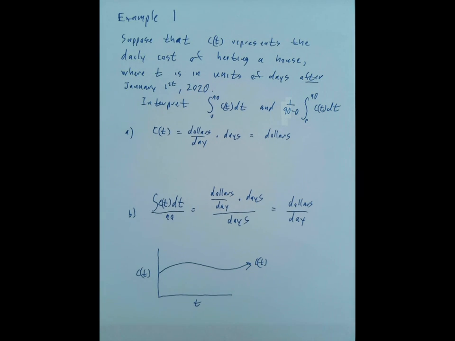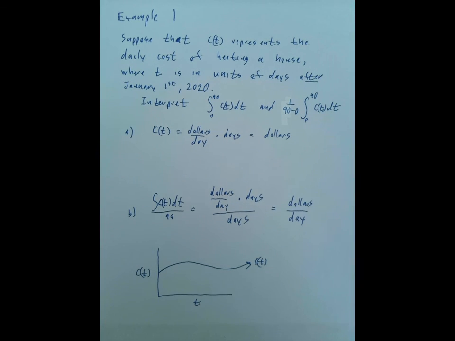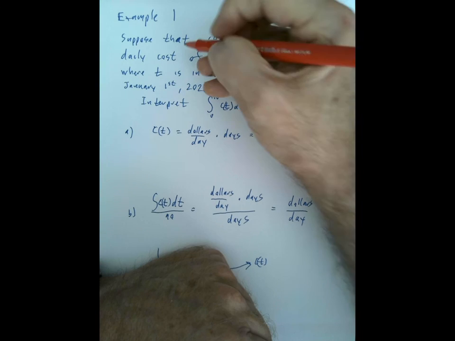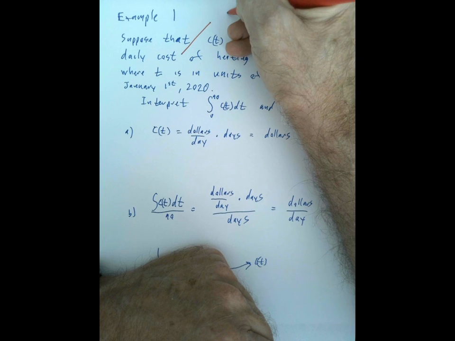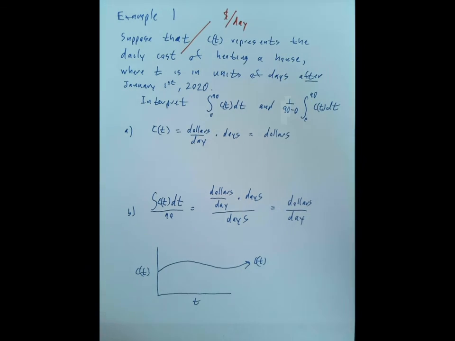Suppose that C of T represents the daily cost of heating a house, right? That's the cost per day, you understand, where T is the units of days after, say, January 1st, 2000. So keep in mind that the units of daily cost are going to be dollars per day, right?